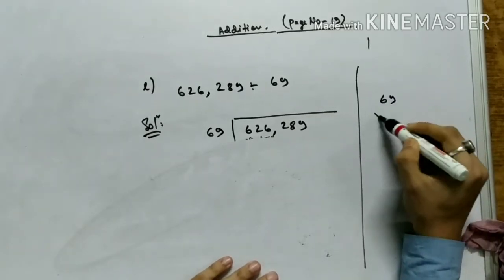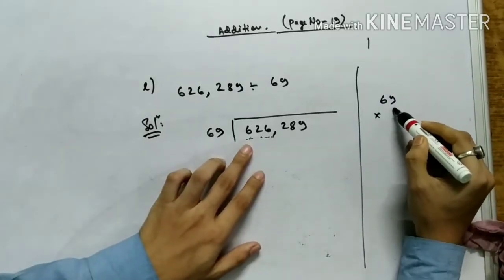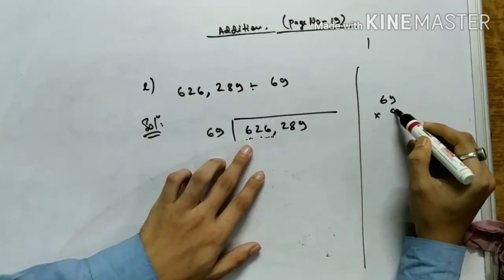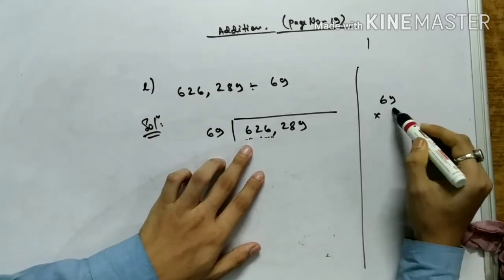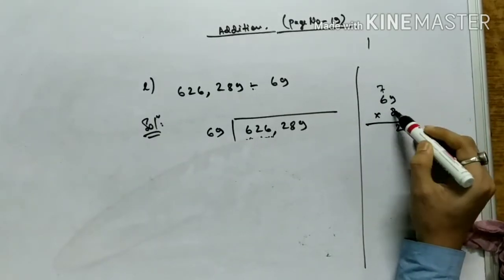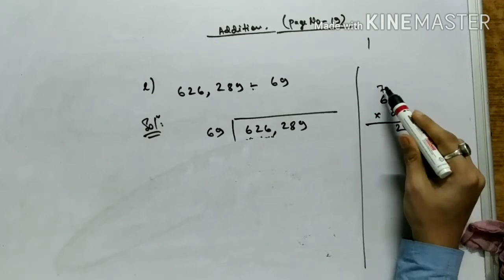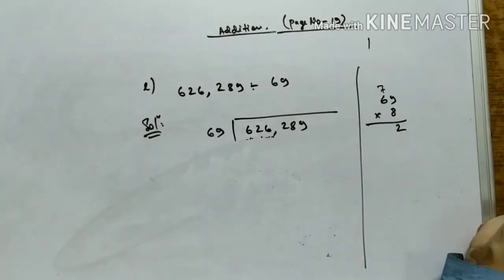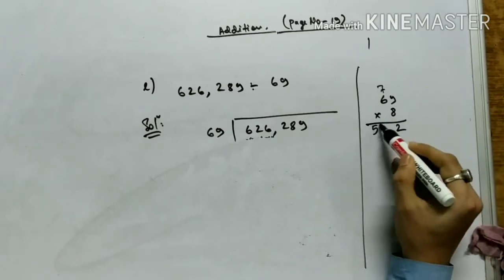So 69 into, let's check with 9. 9 times 9 is 81. Let's check with 8. 9 8s are 72, 6 8s are 48, 48 plus 7 I will get 55.